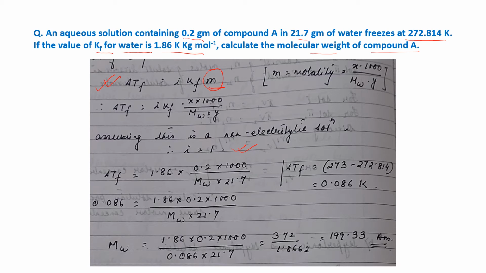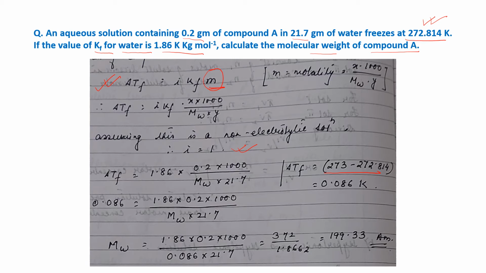So delta Tf is equal to 273 minus 272.814, because the water freezes at 272.814. So naturally you have to find out the difference between these two, that is the delta Tf, depression in freezing point. Okay, so it has to be subtracted from 273.